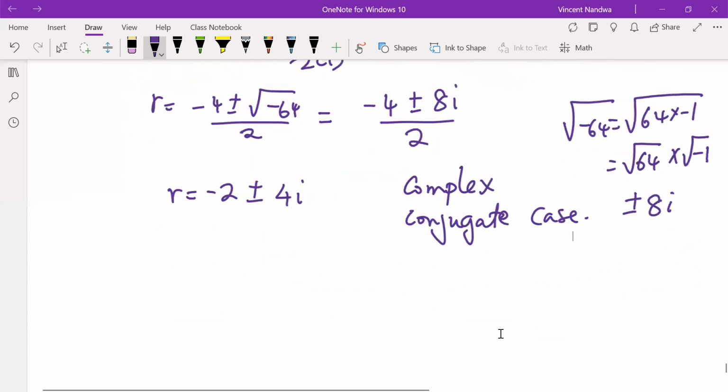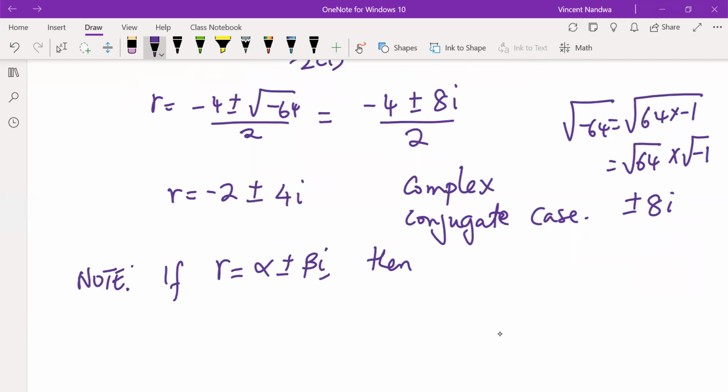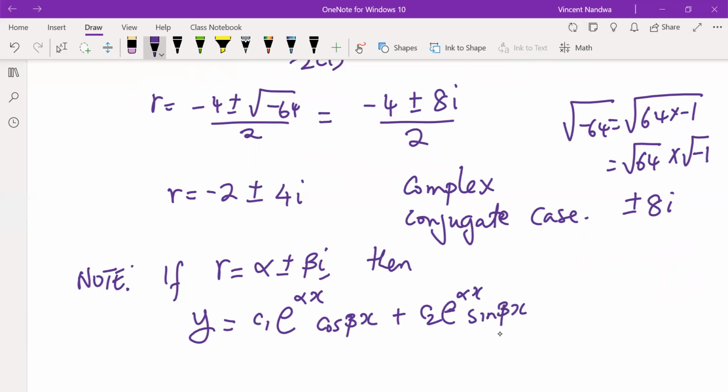Remember, if we have complex conjugate roots, if r is given by alpha plus or minus beta i, then y is usually given by c1 e raised power alpha x cosine of beta x plus c2 e raised power alpha x sine of beta x, which is the same thing as e raised power alpha x into c1 cos beta x plus c2 sine beta x.